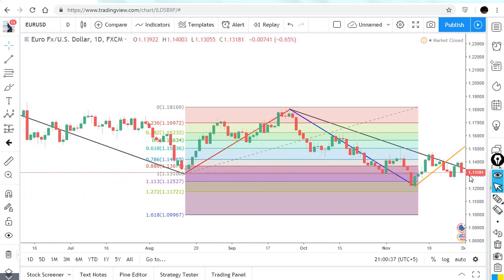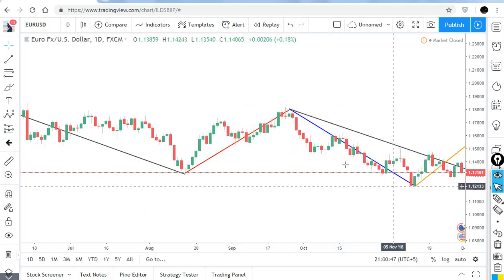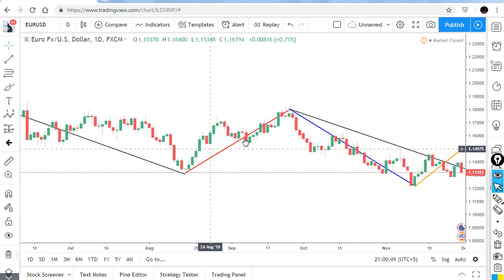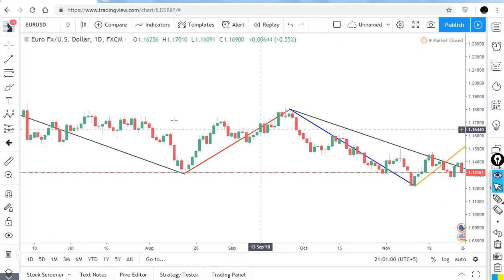Okay, now let's see. After this wave of first impulse, I am taking the short of this correction part, which I don't know in the future, right?